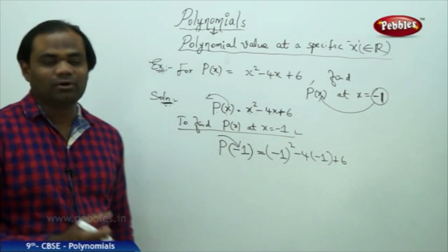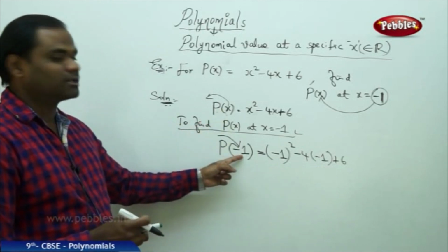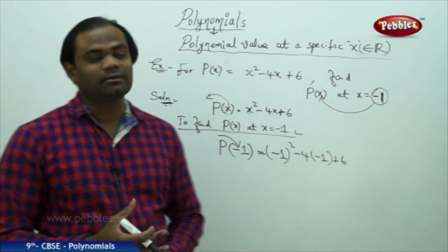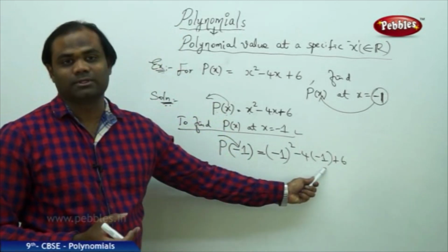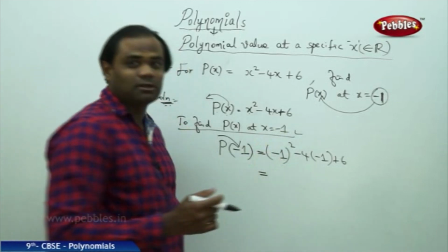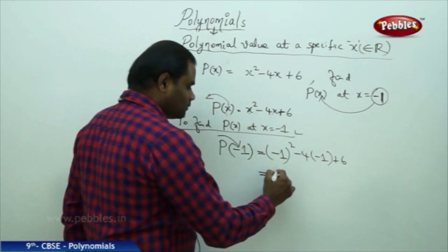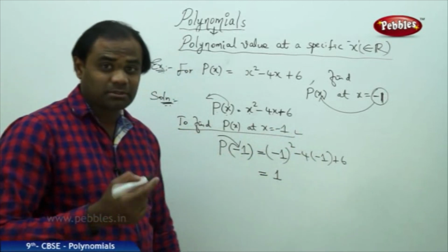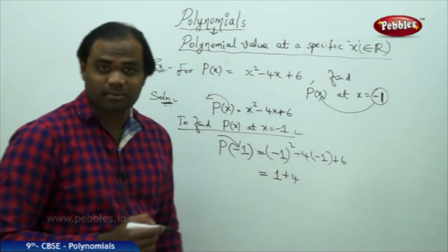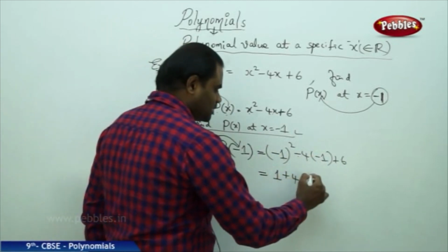Because it is being replaced with minus 1 on the left side, I equally replace on the right-hand side. That is how I understand this property. When I simplify this further, I get minus 1 whole square, which is 1, minus 4 times minus 1, which is plus 4, because minus into minus is plus, and then comes plus 6.